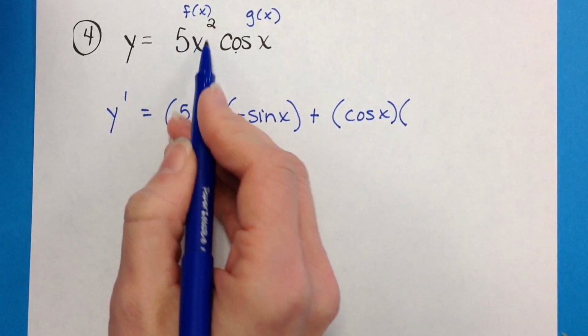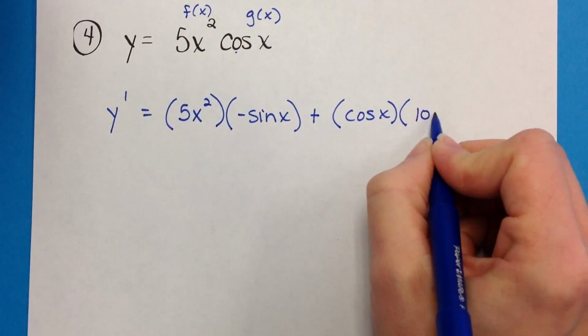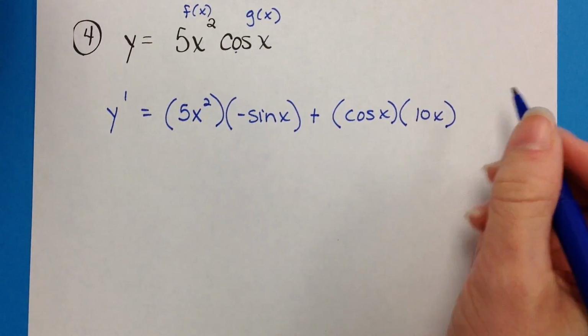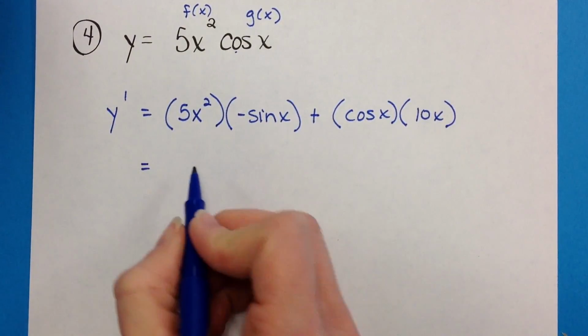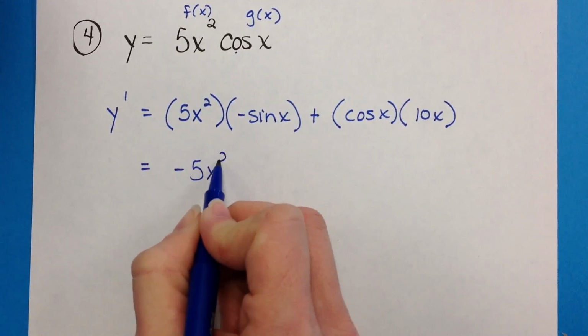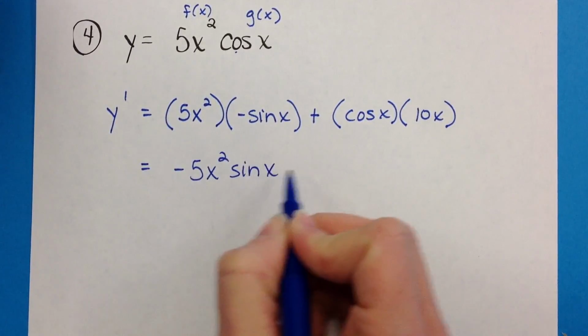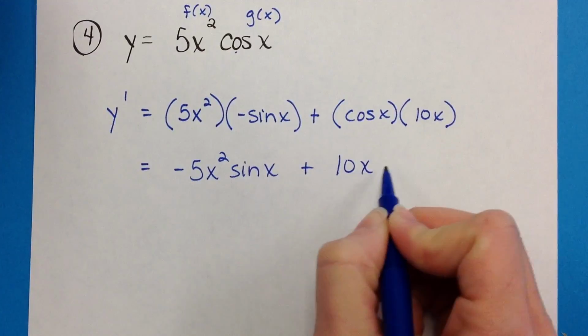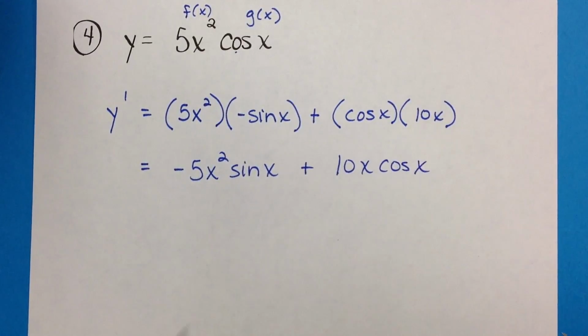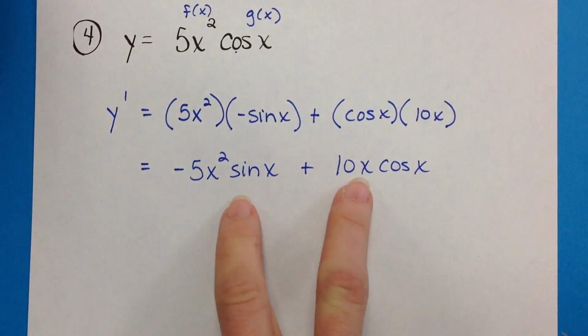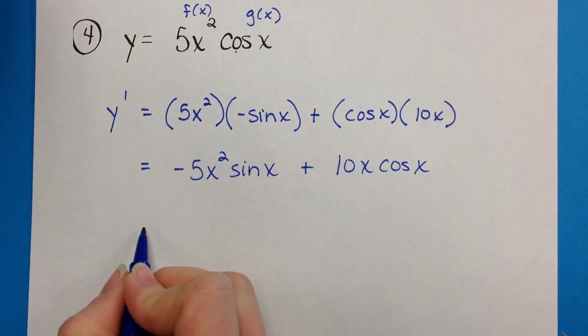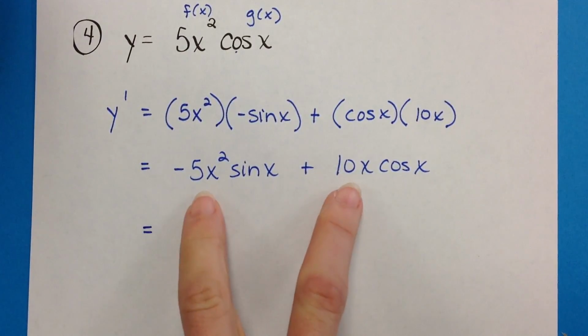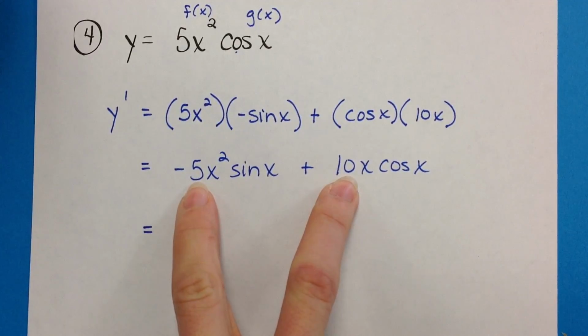So using your power rule on your first function, you would have 10x. Okay, so this would be negative 5x squared sine x plus 10x cosine x. And in a lot of these problems, you'll see if they have a common factor, they will pull the common factor out front. So you could do a 5 or a -5. That really wouldn't matter.